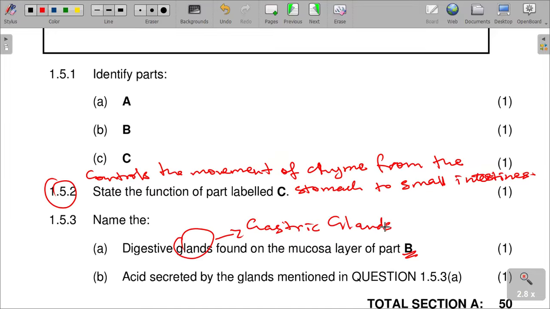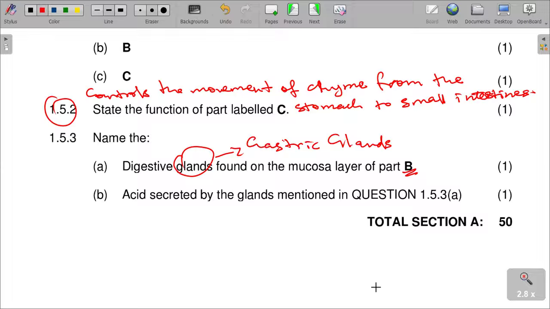The gastric glands are the digestive glands found in part B, and then the acid secreted by the glands is mentioned above. The gastric glands are responsible for helping with chemical digestion. So what is the acid secreted by these glands in B?